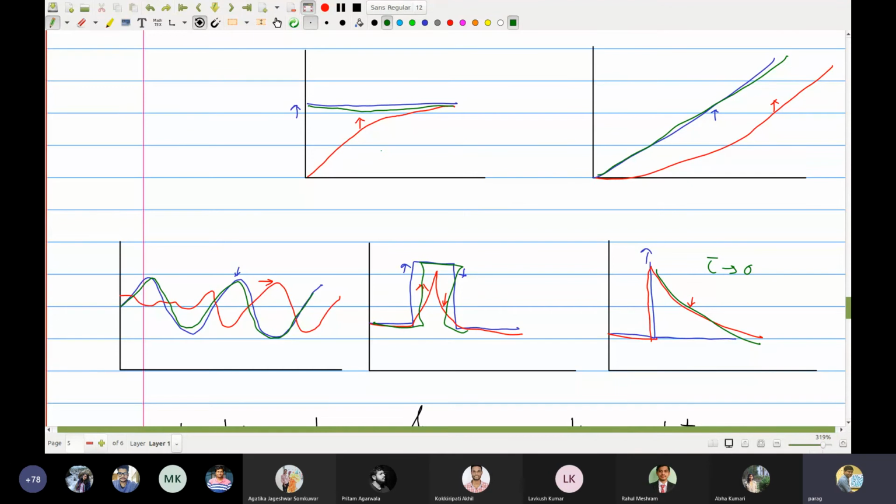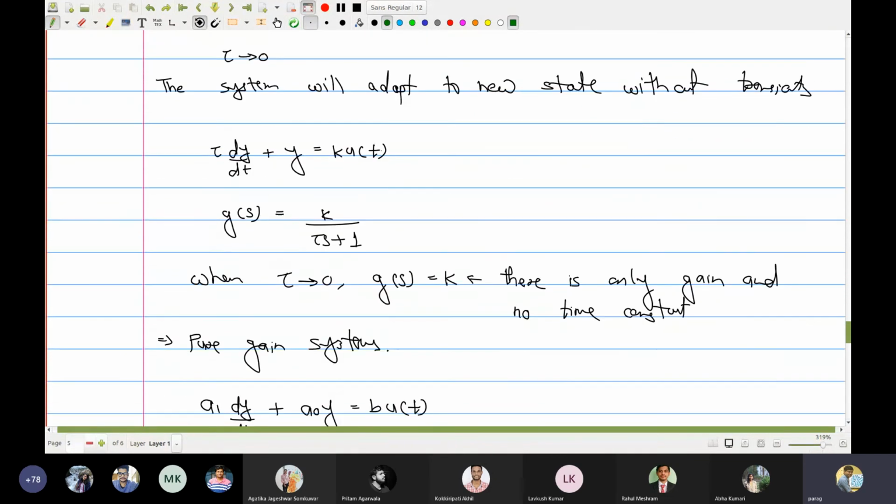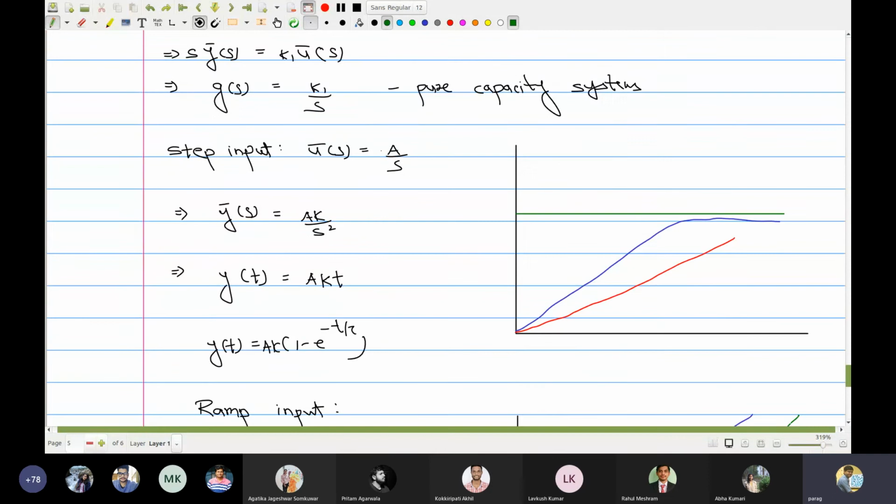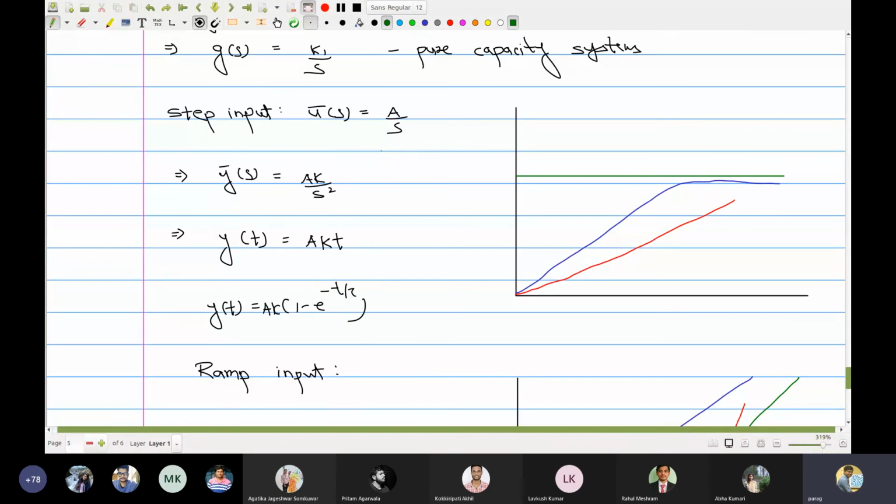But then you have a pure gain system where your intuition of just invoking a lag in your system will all break down, and the saturating response that you would expect in case of a step input will no more be saturating, it will keep on increasing.